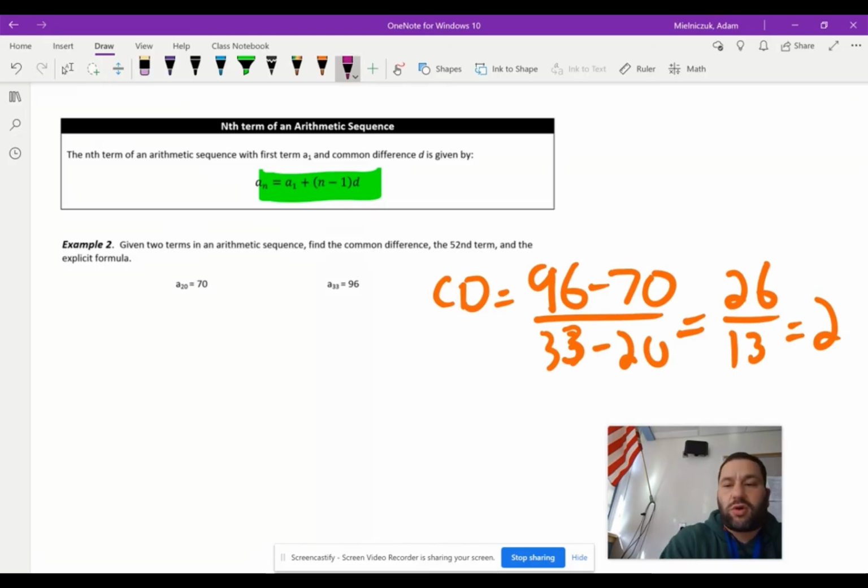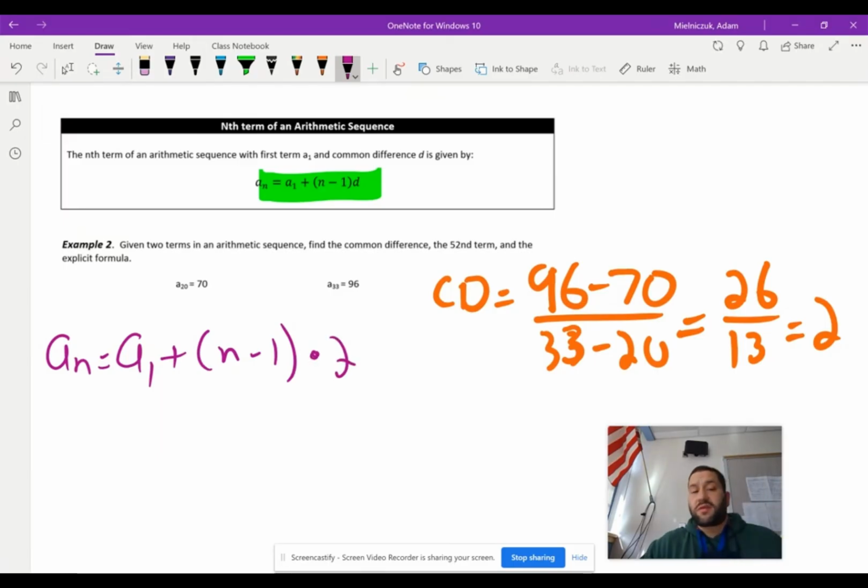So what does that help us do? We now know that a sub n is equal to our first term, which we still don't know, plus n minus 1 times our common difference of 2. So at first, it seems like we don't have enough information to solve the rest of this problem, to find the 52nd term or the explicit formula.